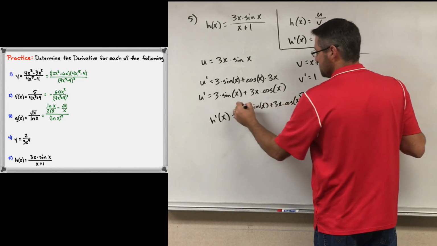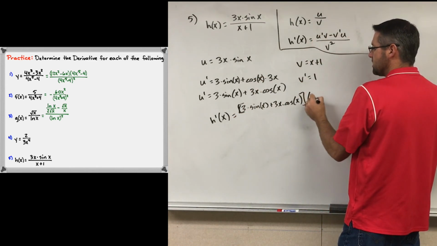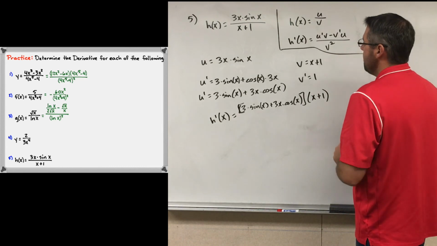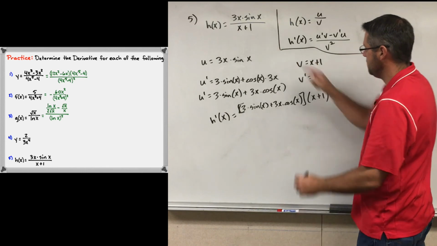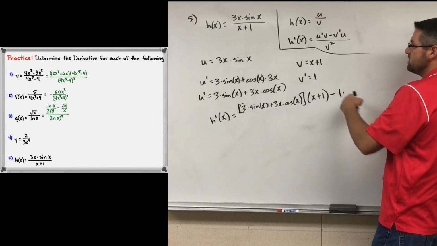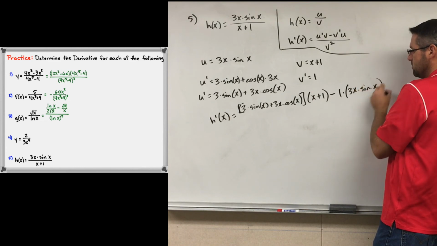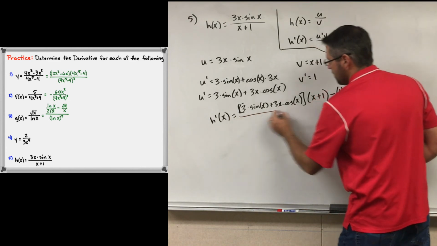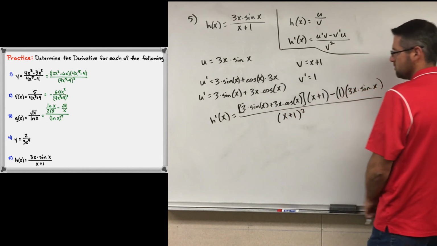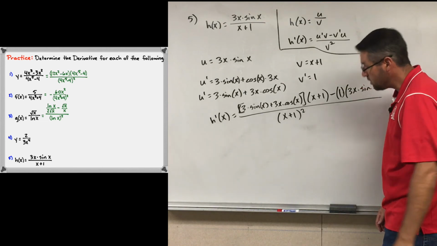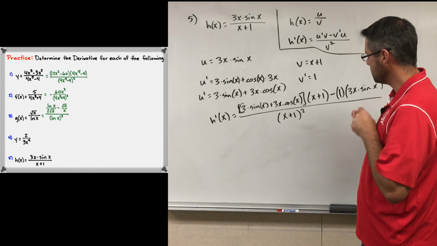Times, notice I put this in, I should put that in brackets, times the bottom thing, so times x plus 1 minus the derivative of the bottom thing, which is just 1, times the top thing, which is 3x times sine of x. Okay? All over the bottom, the denominator, squared. So that is my derivative of that function.